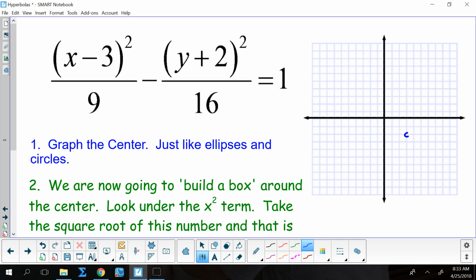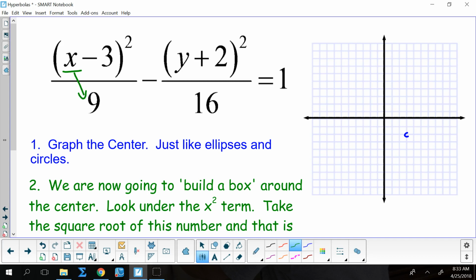Now what we are going to do is build that box. Before we can draw our hyperbola in, we've got to build that box around our center point. So I look at the number underneath the x squared term, and that number is 9.